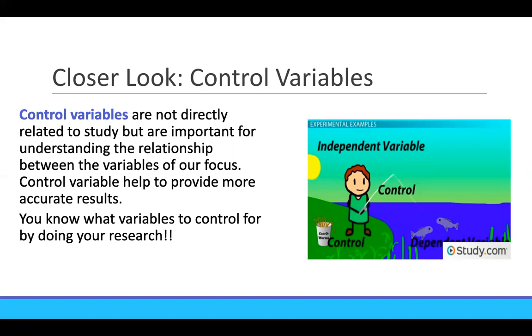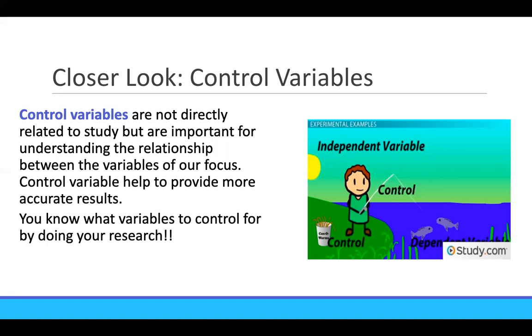So going back to my sex and career goals, maybe we also know from our reading that race can influence what children want to grow up to be, as well as their social class. And you want to make sure that you control for that because you want to just isolate the relationship between sex and career goals. So control variables are the variables that we control for in our study.